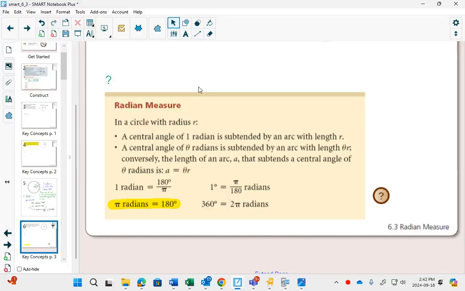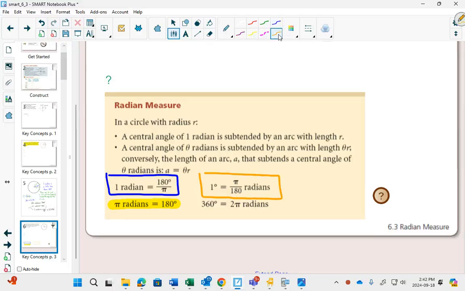I mean, you could take 360 as 2 pi, but then reducing that half of a circle, 180 degrees, is pi radians. And we already saw here in the blue box that you could find out 1 radian to be 180 degrees over pi. Also, here in the orange box, you could do the same idea and find out that 1 degree is pi divided by 180 radians.